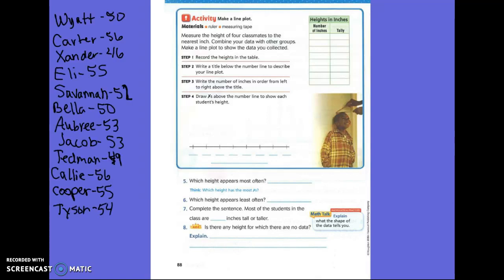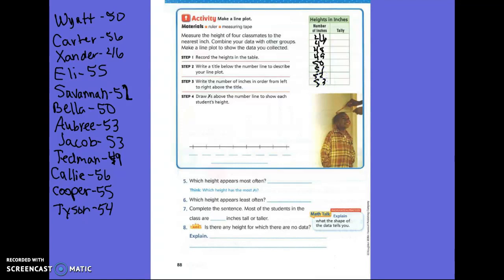Okay, we wrote our data over here on this side. We have to figure out what is our smallest height and our tallest height. What is our smallest height? 46. Okay, our smallest height is 46. Our tallest, we're going to have to count up by 46. 47, 48, 49, 50, 51, 52, 53.